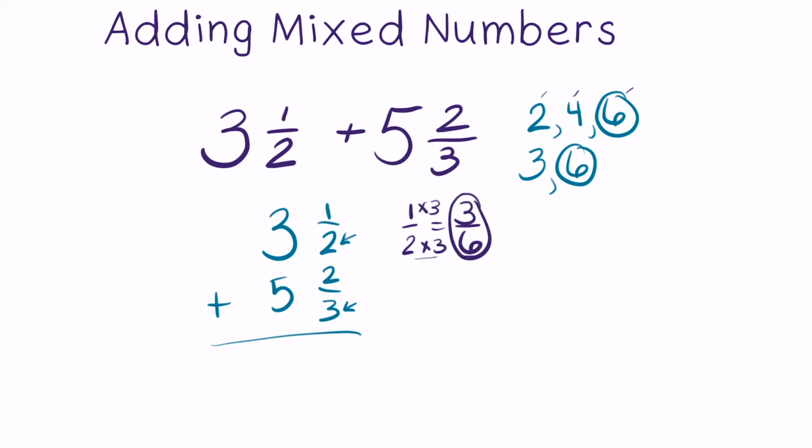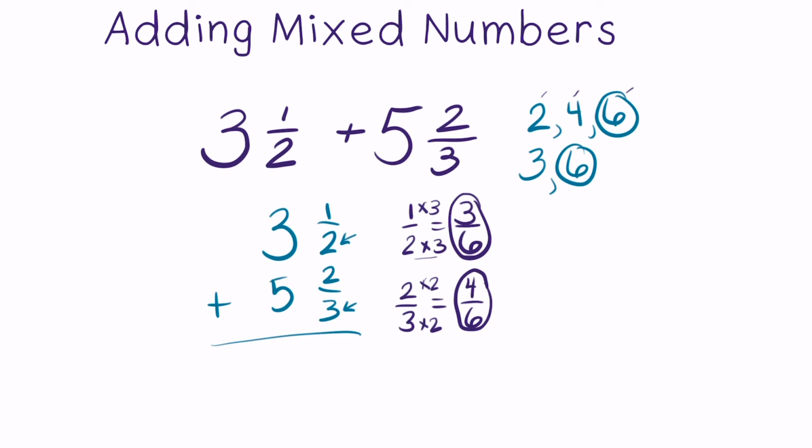Let's do the same thing using the fraction 2/3 and convert it into sixths. 3 times 2 equals 6. And again, do the same thing to the numerator as you've done to the denominator when finding an equivalent fraction. 2 times 2, using that same multiplication, is 4. So the equivalent fraction of 2/3 as represented in sixths is 4/6.